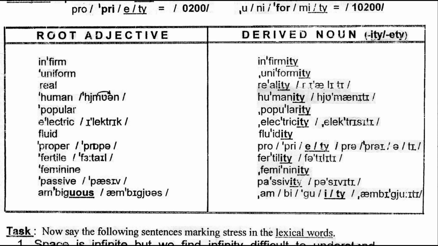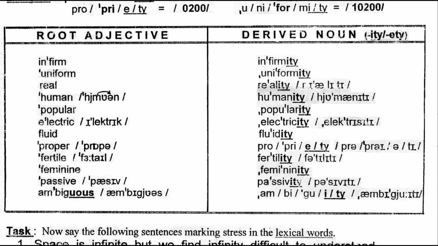Next word is fluid. When we add ity, it becomes fluidity. The word proper. When we add the suffix, it becomes propriety. So the stress is on pri, the antepenult.